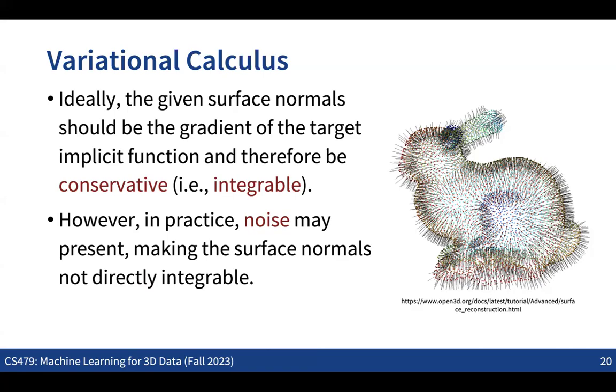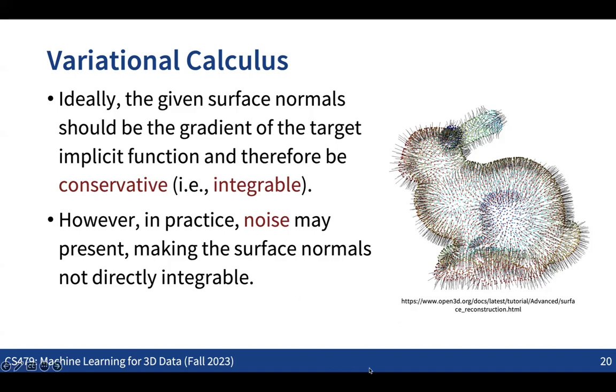When you have this small noise in the surface normal information, it can make the vector field non-conservative, which means we cannot directly calculate its integral. That actually happens in most cases. So the question is, in the case that we cannot directly take the integral of the vector field, what should we do? That's the problem here, right?